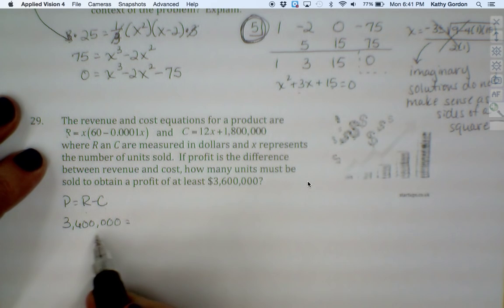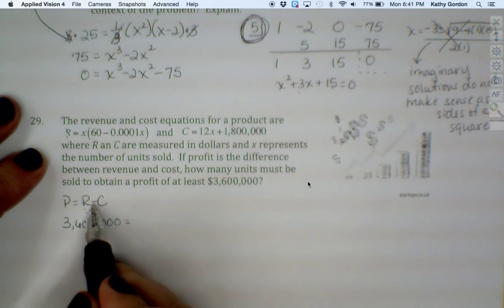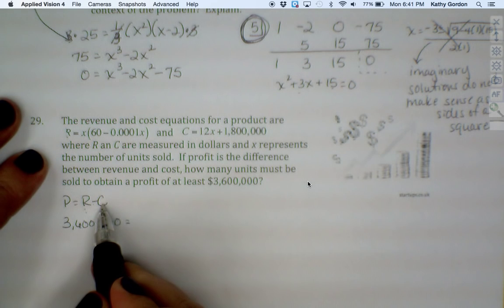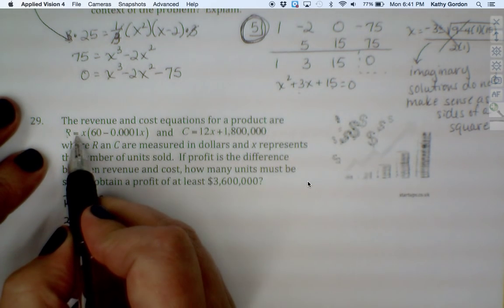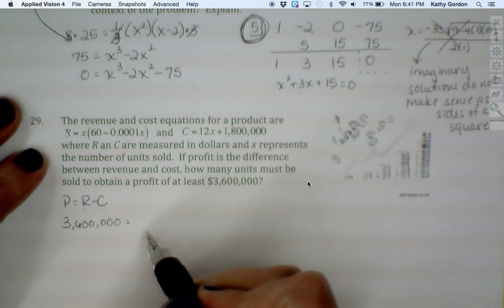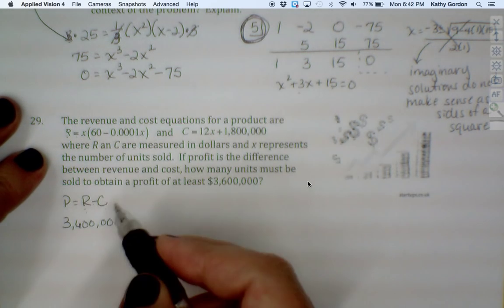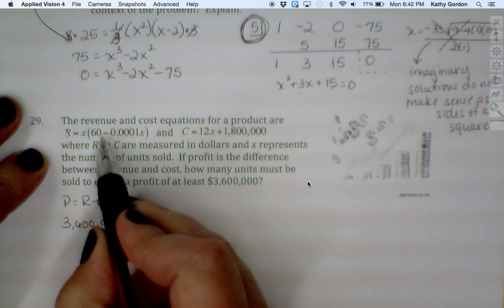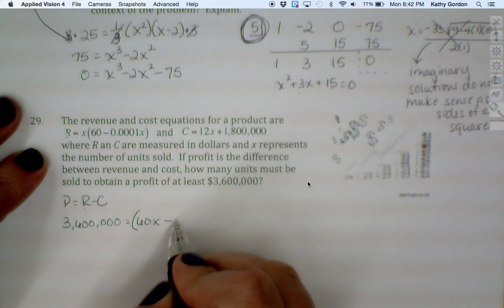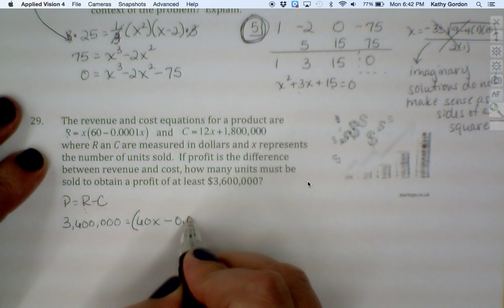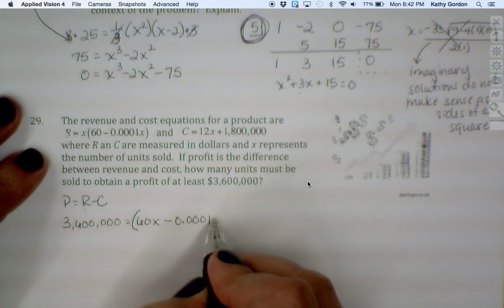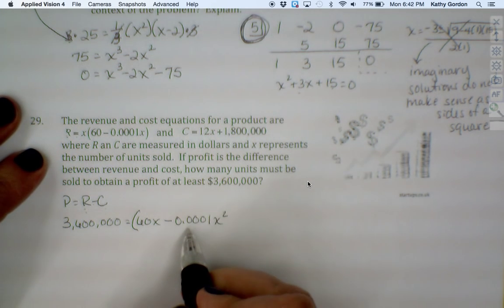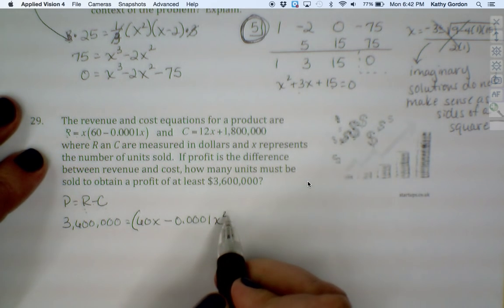We are going to get the profit by taking R minus C. So for my R, I'm going to go ahead and distribute this as I write it out. The X times the 60 will be 60X. And then X times minus 0.0001X is going to be minus 0.0001X squared.